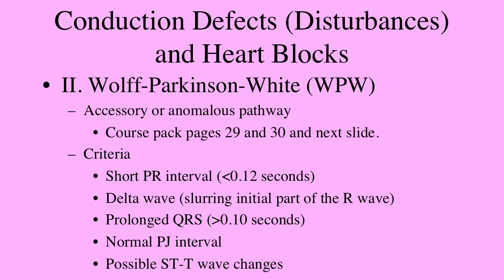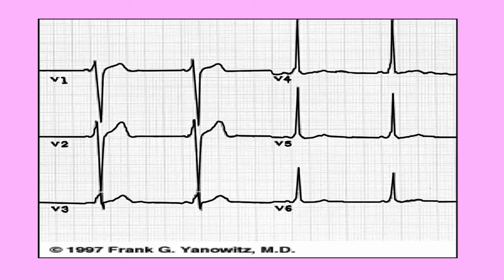But with these criteria in mind, again, the main thing is to see the short PR interval and the delta wave for WPW. We had a couple of examples on page 29, and if we look at the next slide in the PowerPoint, you can look anywhere on the EKG. It shows V1 through V6, and probably you just look to where you can see it the best.